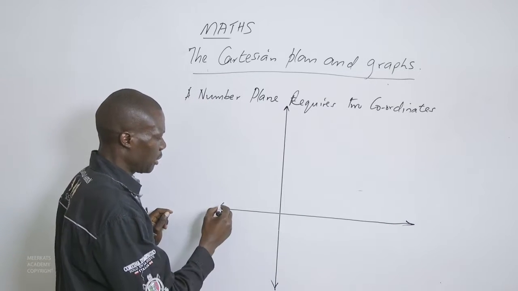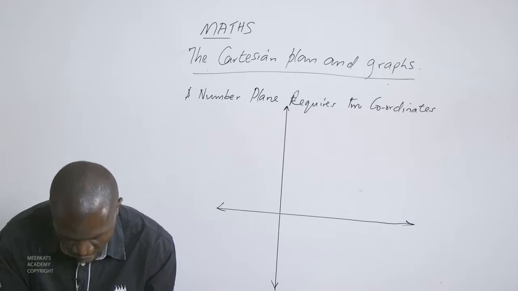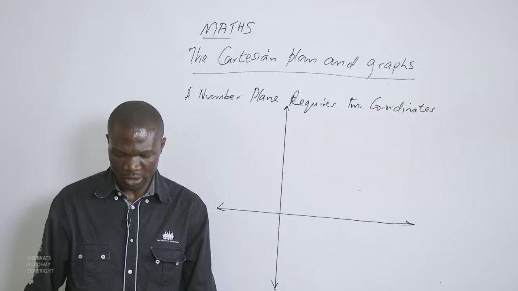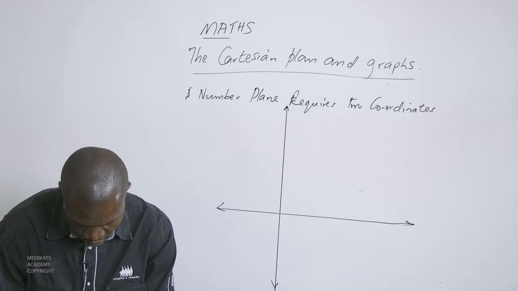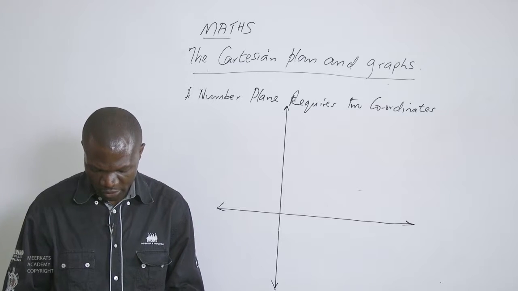So we are saying that a number plane consists of 2 straight perpendicular lines.